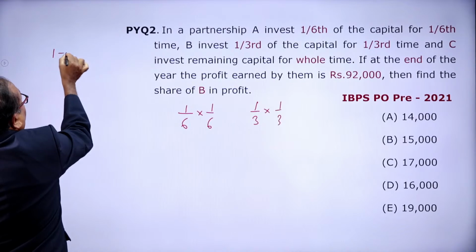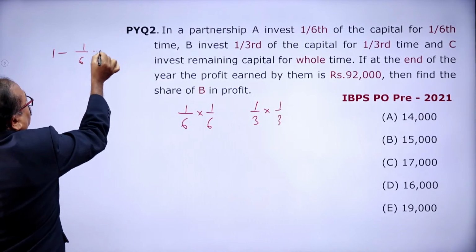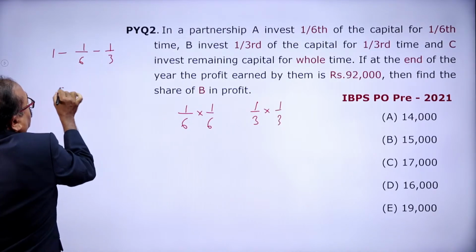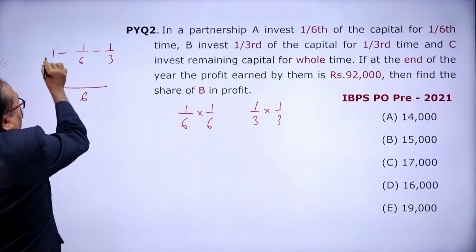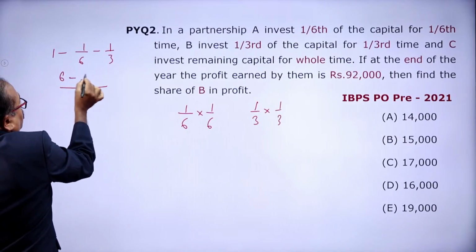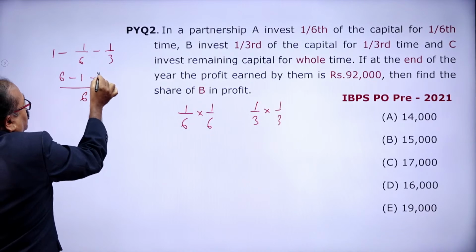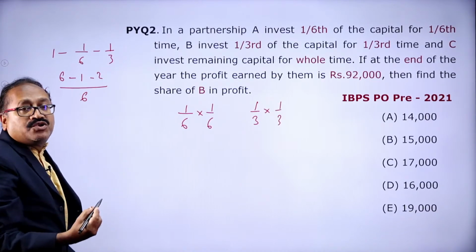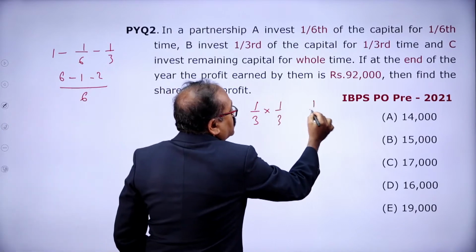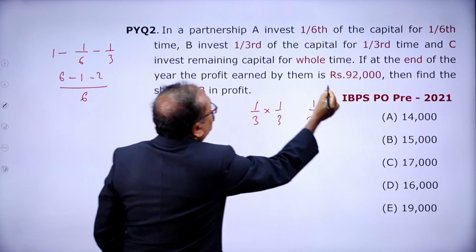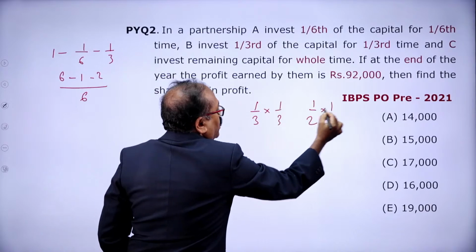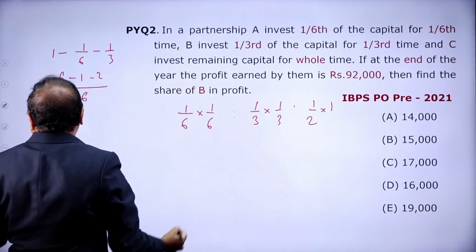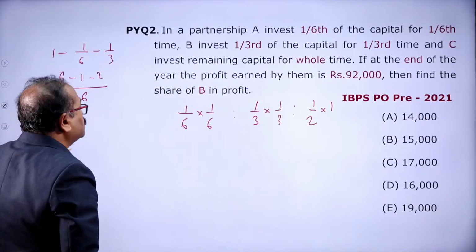So 1 minus 1/6 minus 1/3, and the LCM is 6. So this is 6 minus 1 minus 2. Finally, I get 3/6, which is 1/2. So the remaining capital is 1/2, and for how many months? Whole time, 1. Now, Anusha, I am sure you can answer the question, madam.